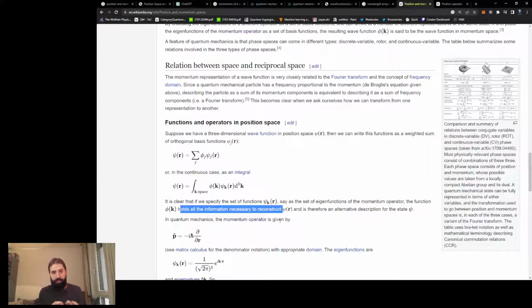So essentially, these coefficients hold all the information about the momentum of that particle. So you just add them up, and that's why you have an integral.